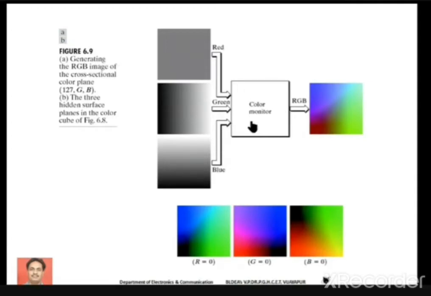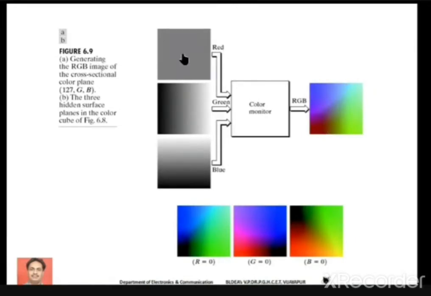Here, the output of these three filters, red, green, and blue, are used as input to the three electron guns of the color monitor to get the resultant RGB image. Here we get the output as the RGB image, right?